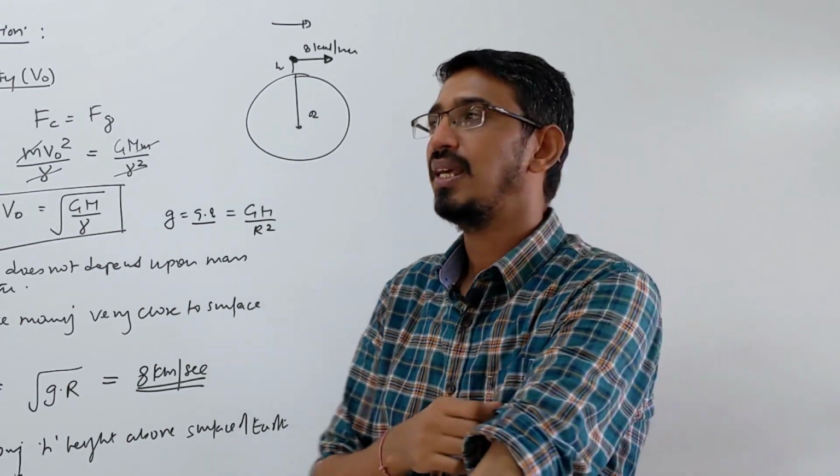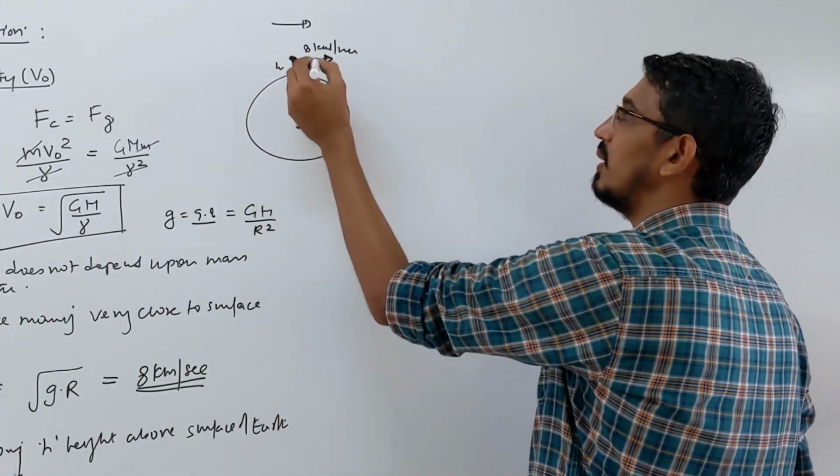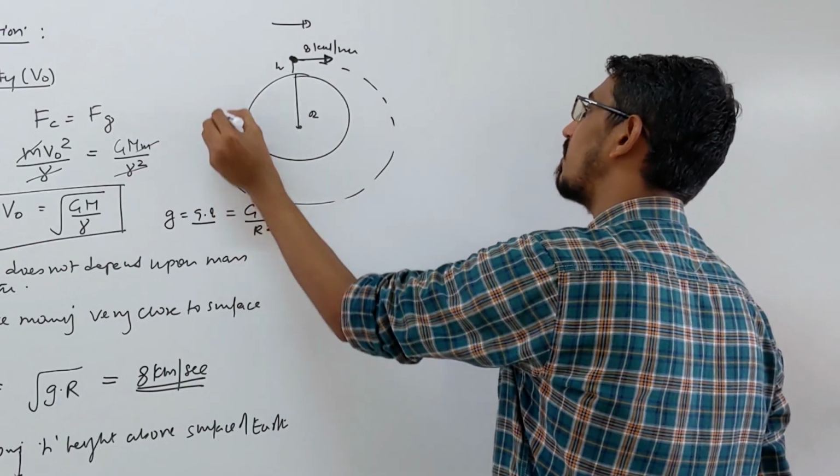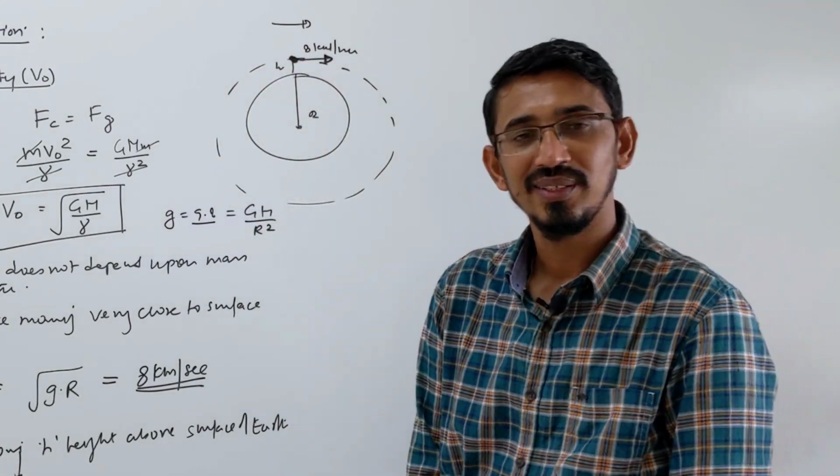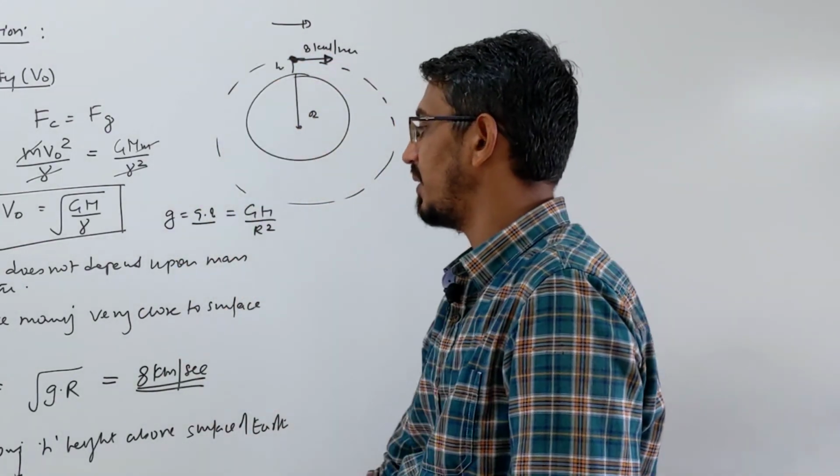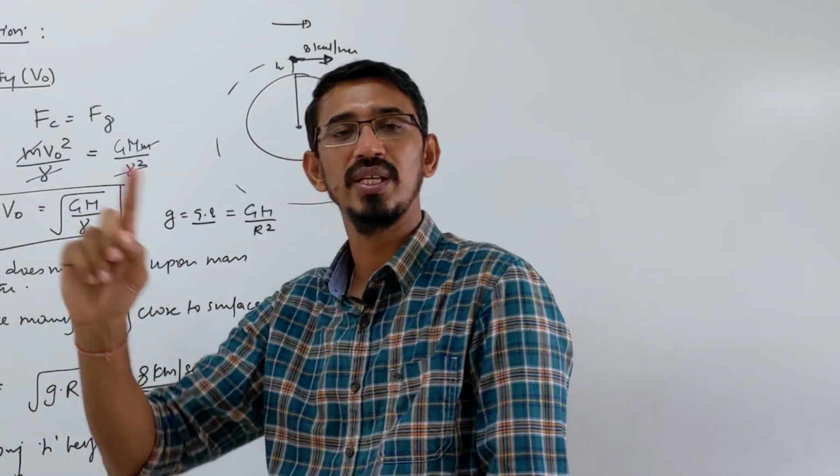You know what will happen? That object will not fall on earth now, it will become a satellite of earth, it starts moving around earth, okay. Yes, because that is the velocity we need near the surface of earth for a satellite.